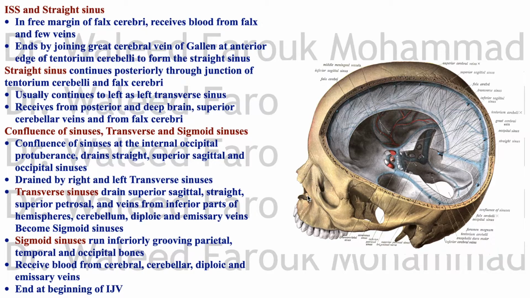Transverse sinuses, they are right and left transverse. They drain the superior sagittal sinus. This is the left transverse, as you see here. It drains also the straight and superior petrosal sinuses, and veins from the inferior parts of the hemispheres, cerebellum, emissary veins.